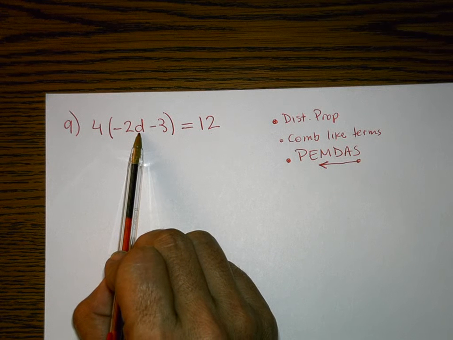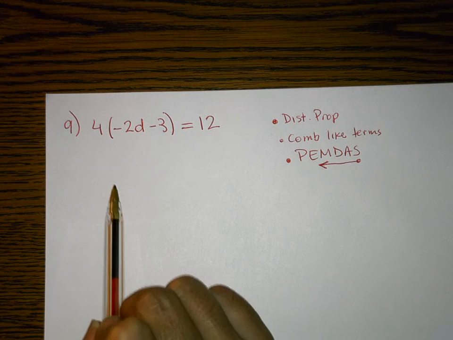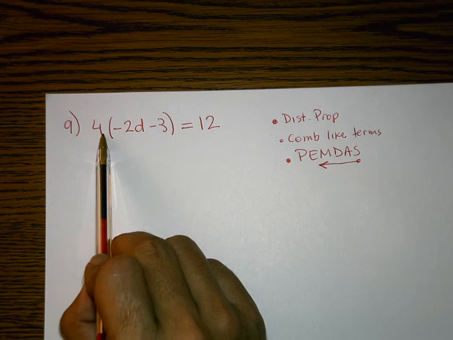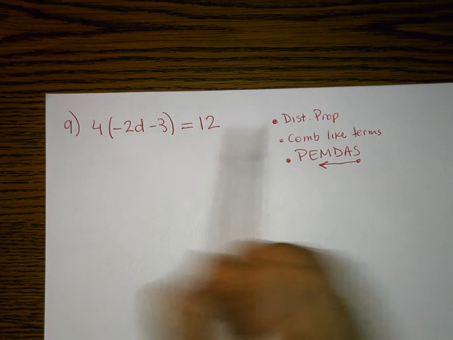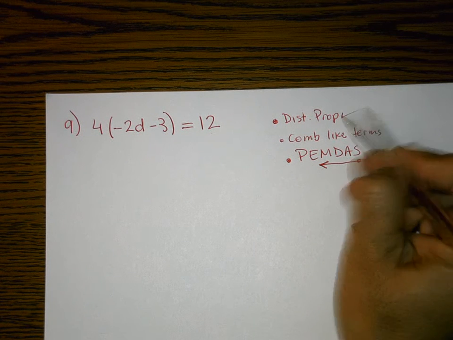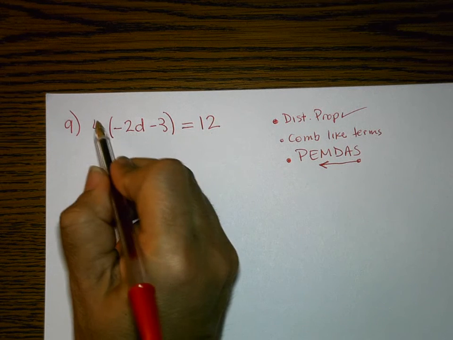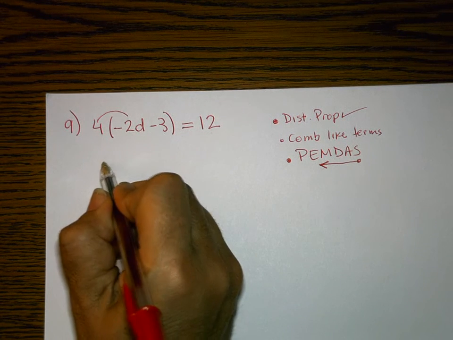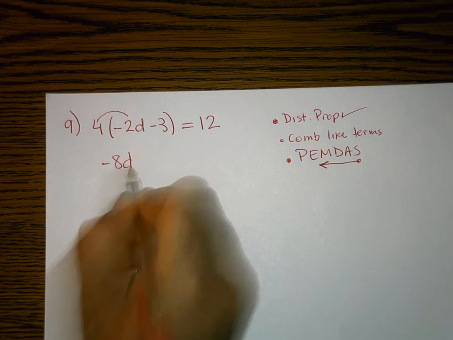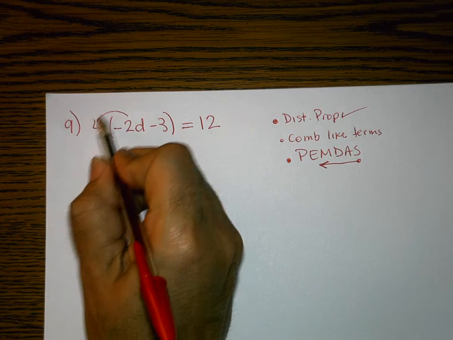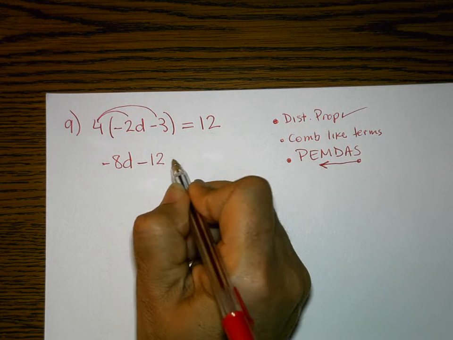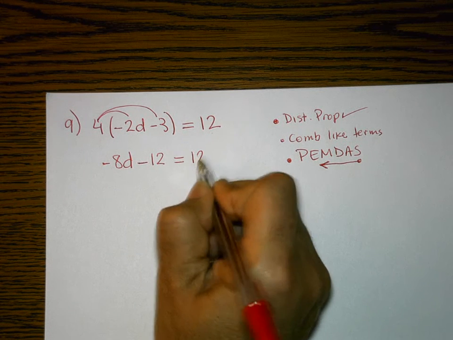What is this variable right here? The letter D. Okay? So for times a quantity, I'm going to have to use the distributive property. So let's use that first. Positive 4 times a negative 2D, that's a negative 8D. And positive 4 times a negative 3, that's a negative 12, and that whole thing equals a positive 12.